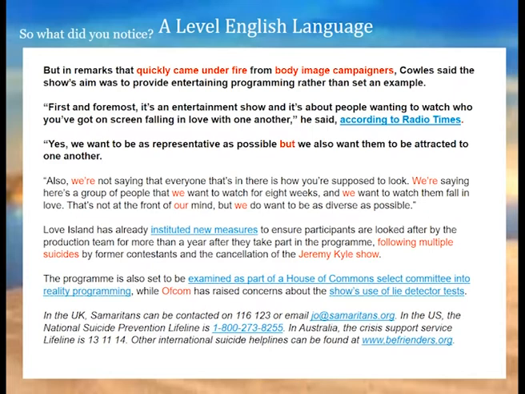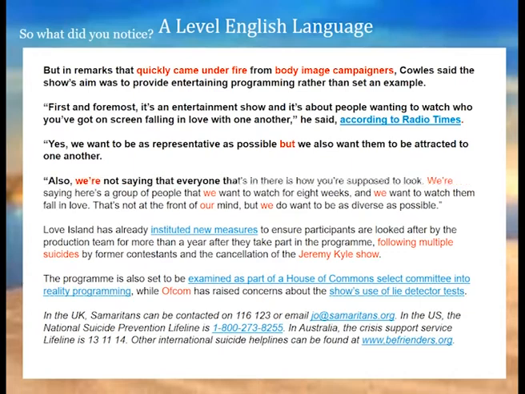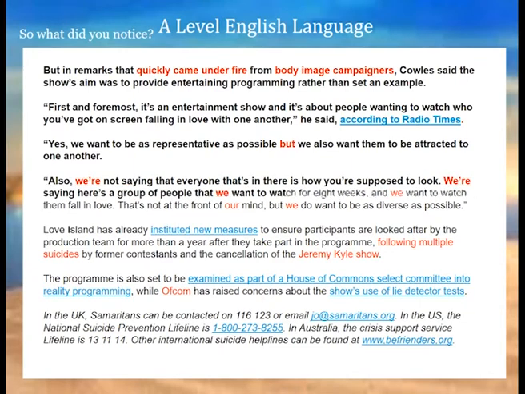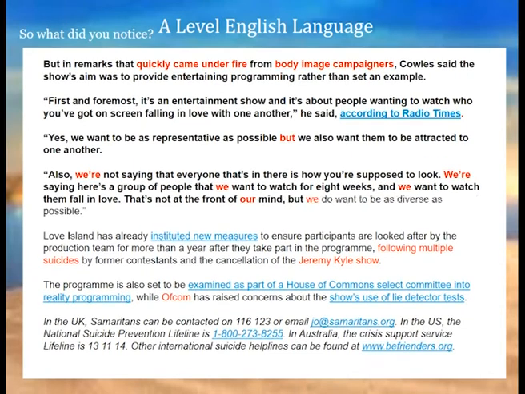It's interesting to note that Cowell's reported statement uses colloquial language, which could be an attempt to appeal to his audience in an informal way. His use of the first person plural pronouns, we and our, may be an attempt to distance himself from the views expressed, suggesting a shared ideology by the production team.